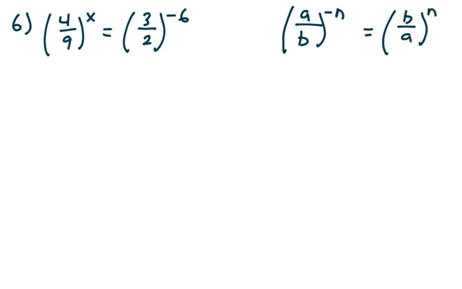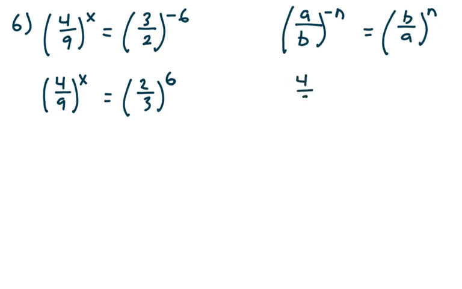So if I take the reciprocal of a over b, I have to change the sign of that exponent. And so what do we get? In our case, we get 4/9 to the x is equal to 2/3 raised to the 6th power.